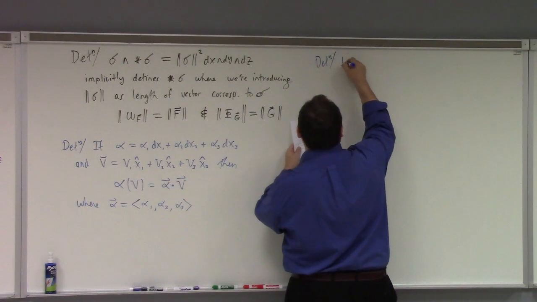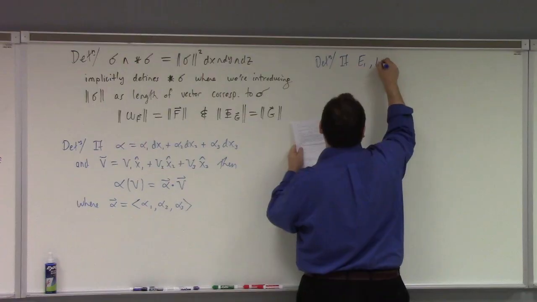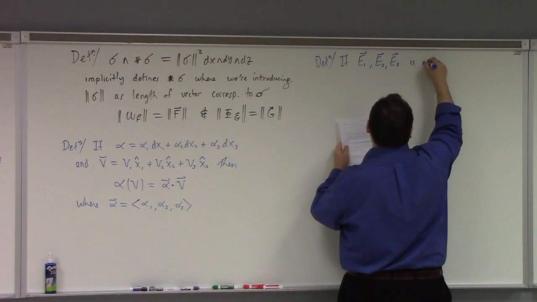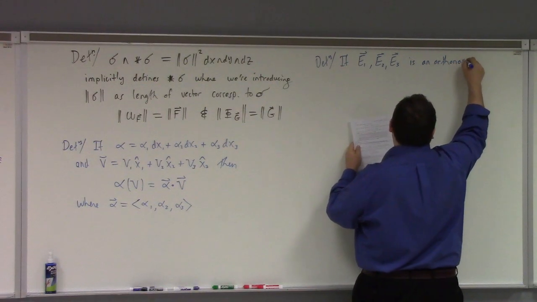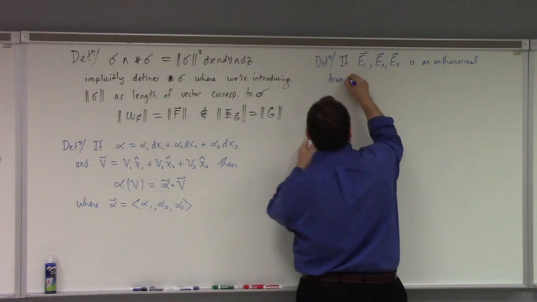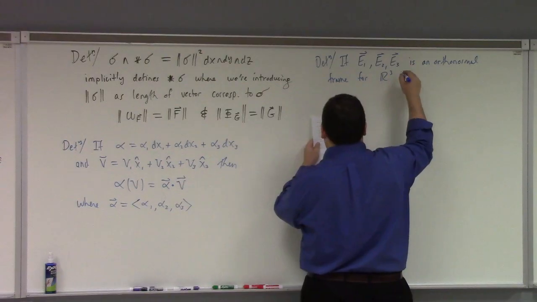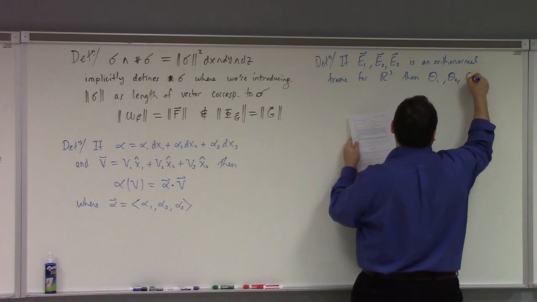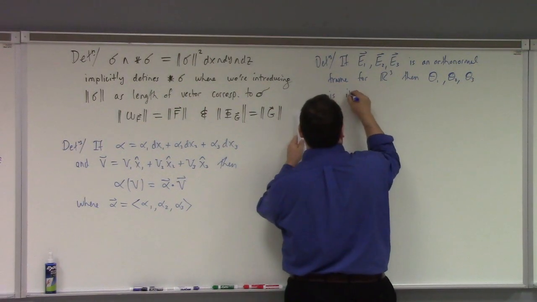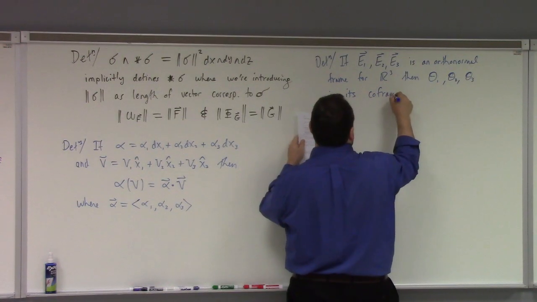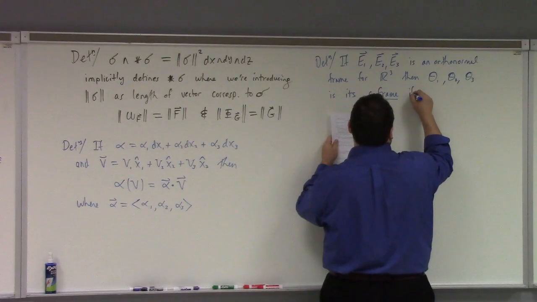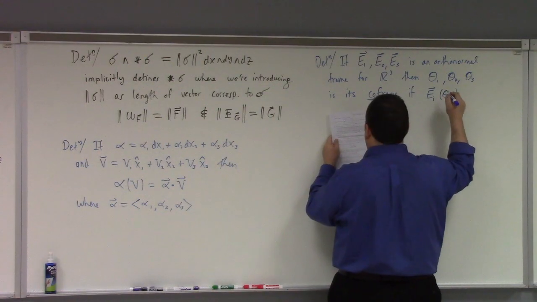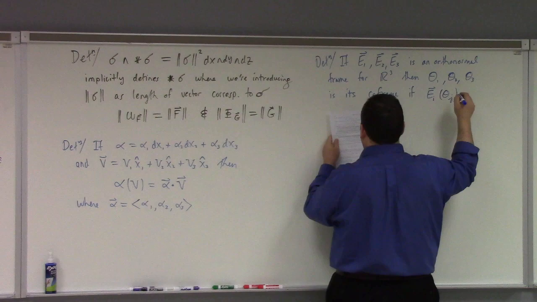Definition: if E1, E2, E3 is an orthonormal frame for R3, then theta 1, theta 2, theta 3 is its coframe if E i acting on theta j... Oopsie, I meant to go the other way around.